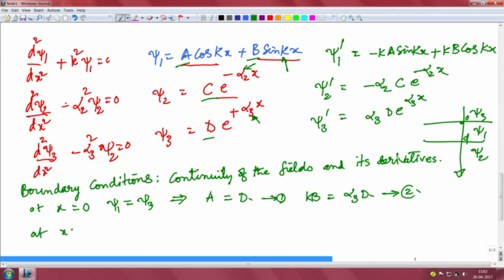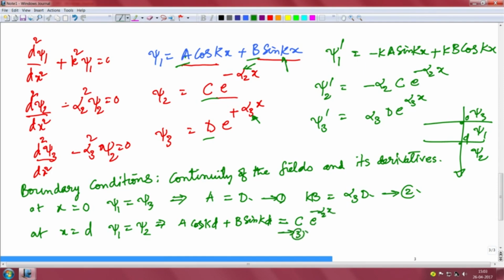Similarly, at x equals d, that is at this point, the guiding layer and substrate interface, psi 1 equals psi 2 gives a cos kd plus b sin kd equals c e power minus alpha 2 x.